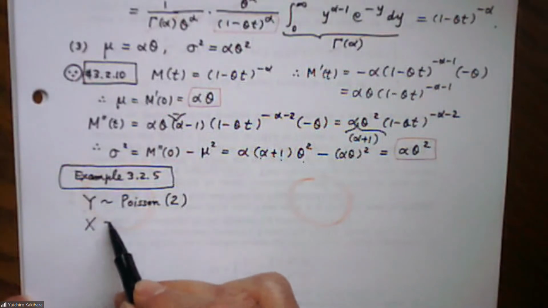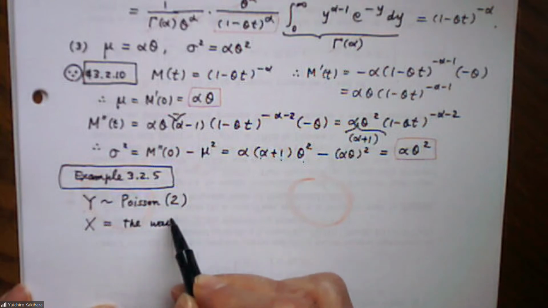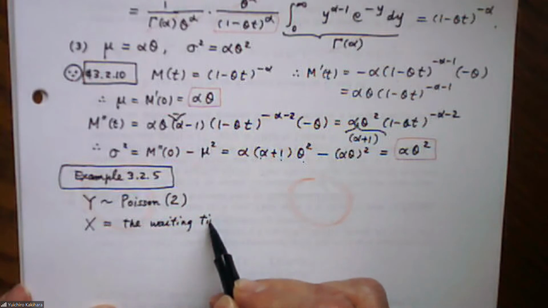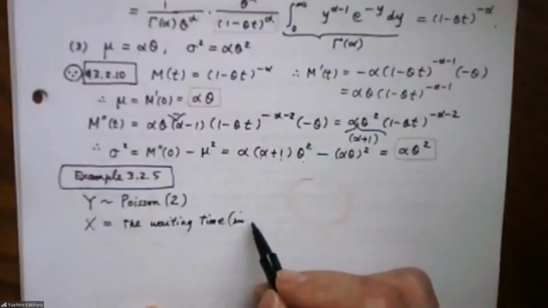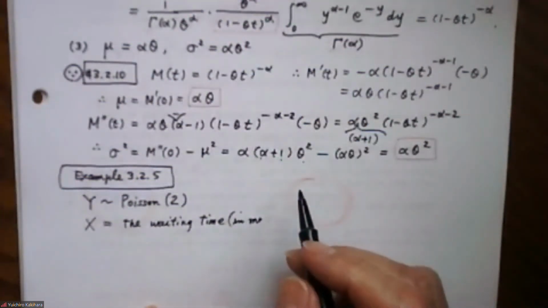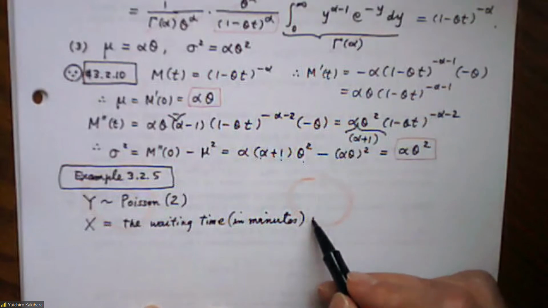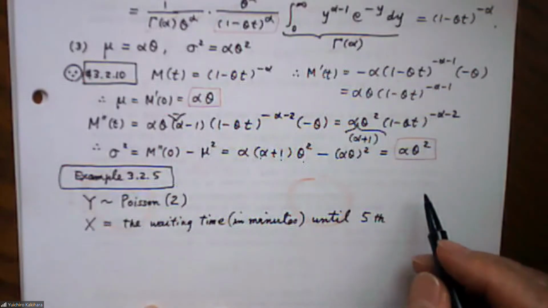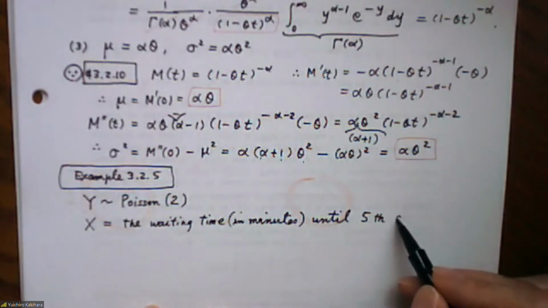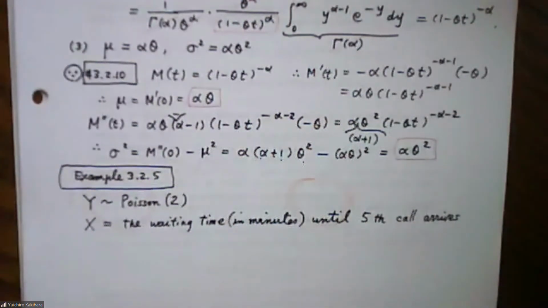And X is the waiting time, in minutes, until the fifth call arrives, or fifth customer, whatever. The fifth event will happen.